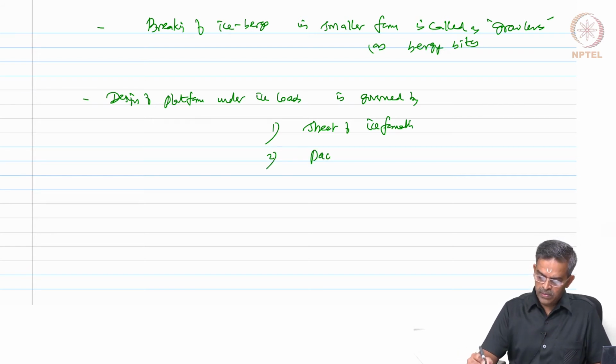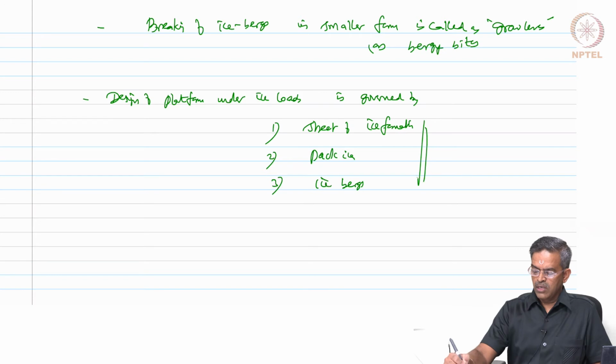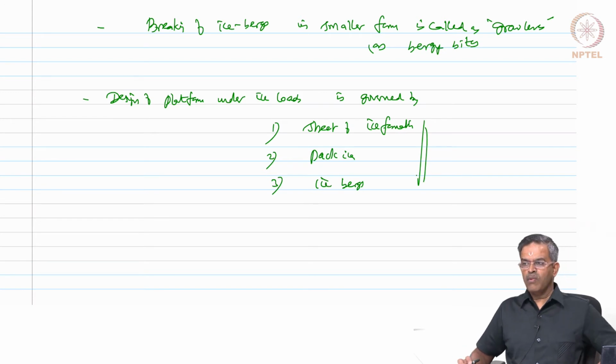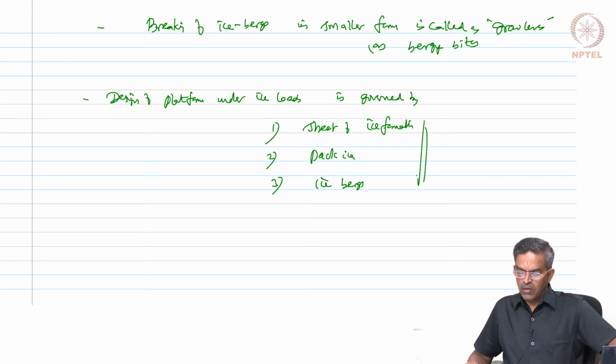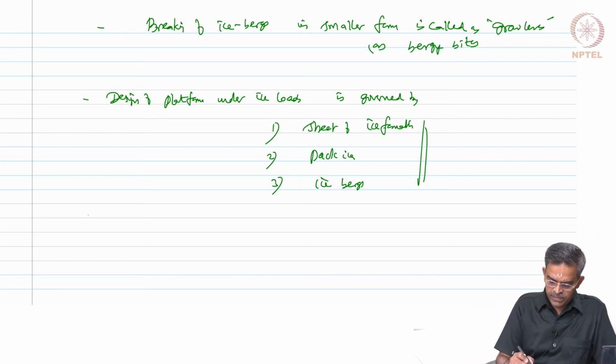Pack ice, and 3. Icebergs. So, these are the three structural forms of ice which can cause worries in the design of the platform under ice loads. Ice loads acting on offshore structures depend on many factors.